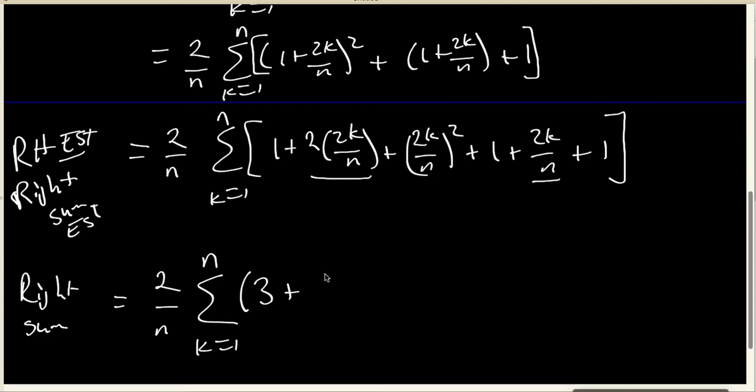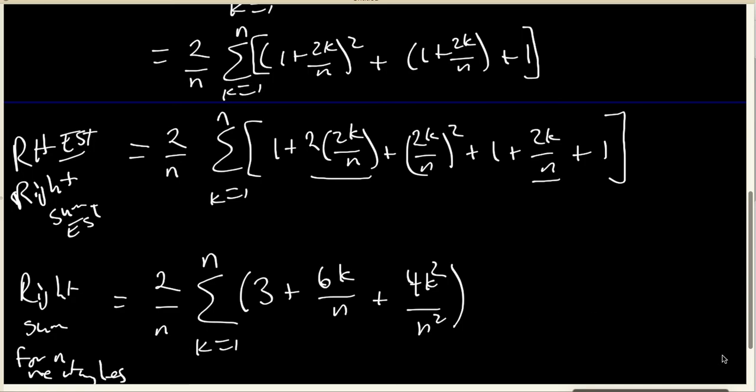So 4k over n plus 2k over n is going to be 6k over n. And then finally I have this thing here, and when I do that squaring, I am going to get 4k squared over n squared. And this would be a perfectly good right-hand sum for n rectangles.